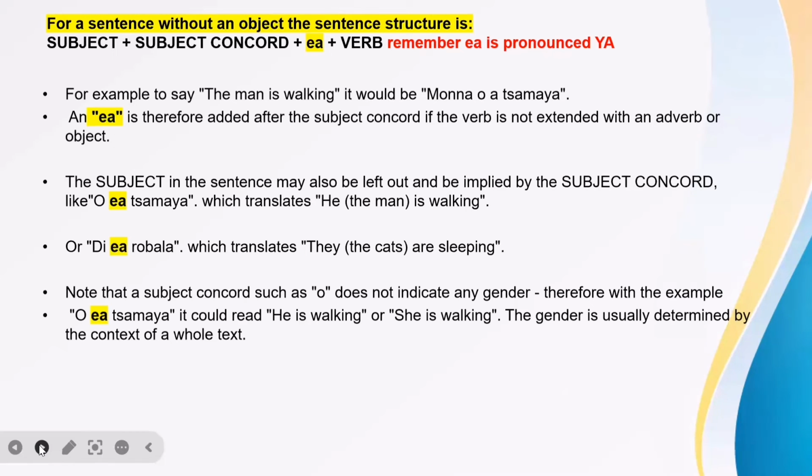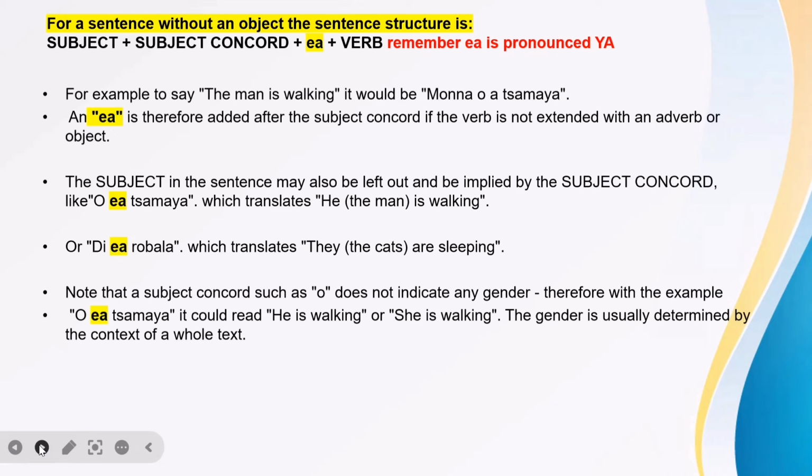Now, sometimes we have sentences without an object, and we also have a structure for that. If the sentence does not have an object, the structure for the sentence is going to be the subject, the subject concord, and then you add ya, and then the verb. So remember, EA is pronounced as ya.